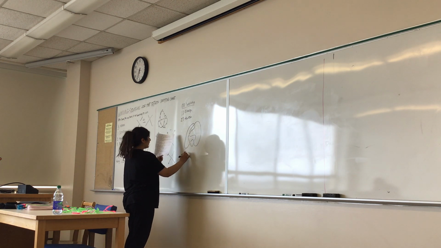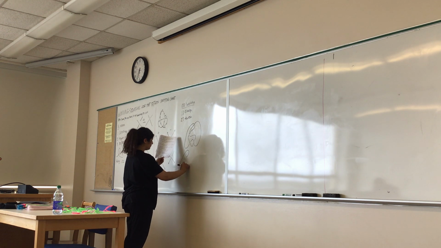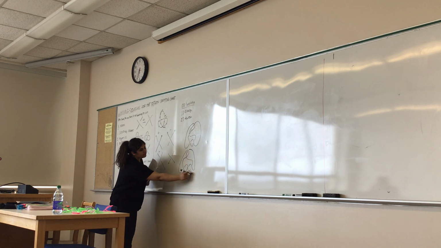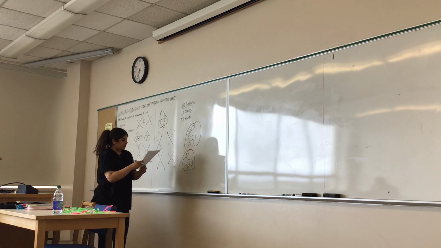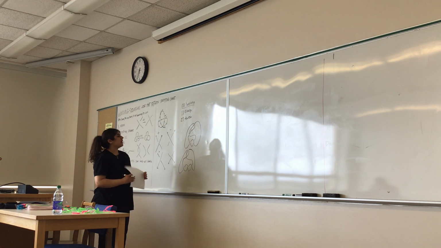So instead, if I had wanted a 5 crossing knot, I would have drawn something like this. So we've added an extra twist at the bottom here, and now we have a 5 crossing knot.